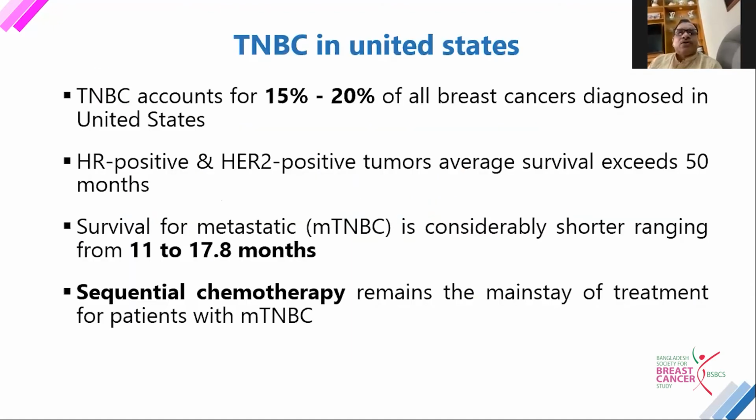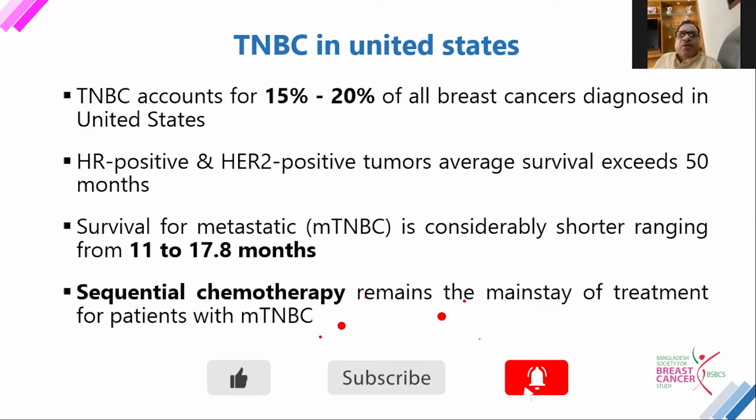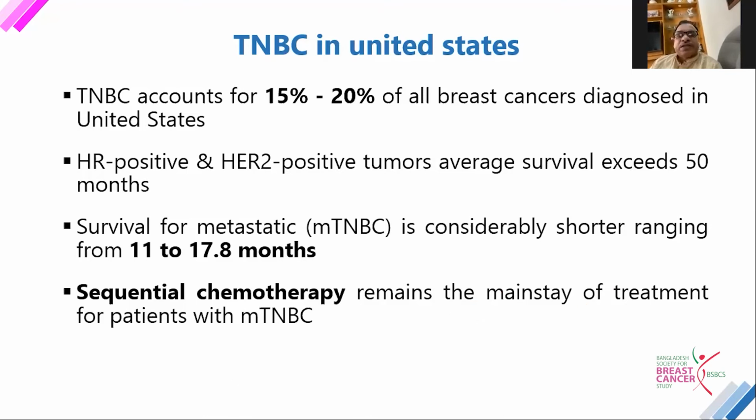We know that triple-negative breast cancer accounts for about 15 to 20% of breast cancers. In HR-positive and HER2-positive patients, average survival exceeds 50 months. Survival in metastatic triple-negative breast cancer is considered shorter, ranging from 11 to 17.8 months.